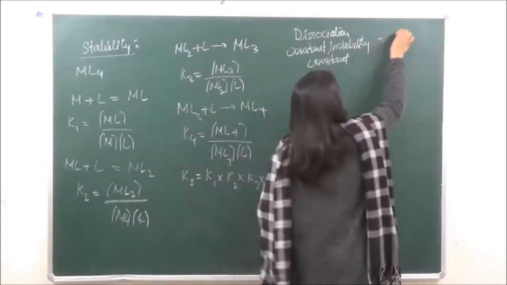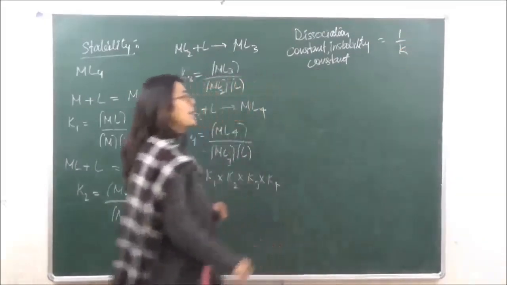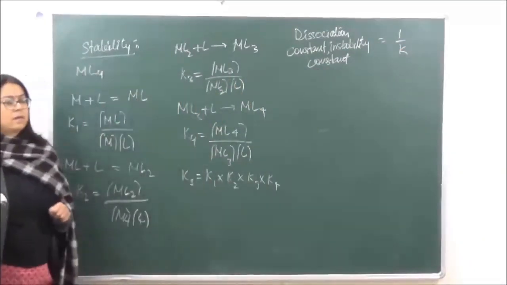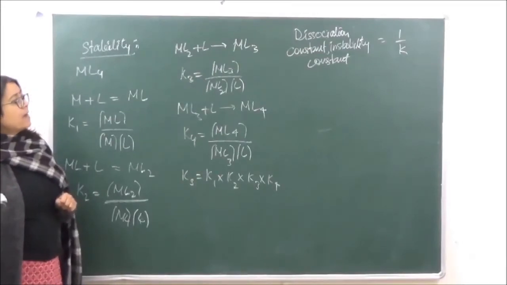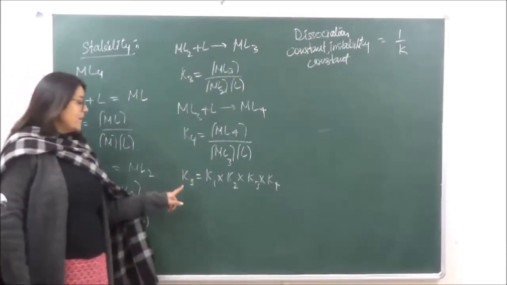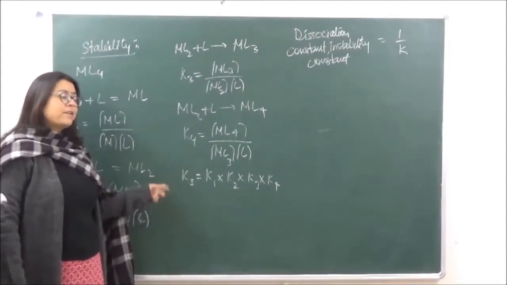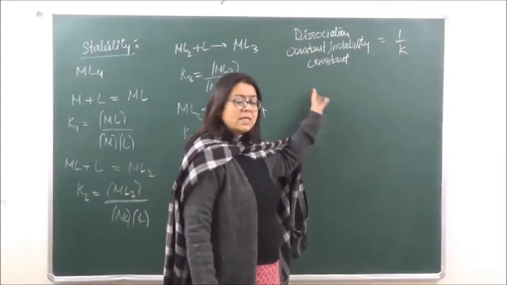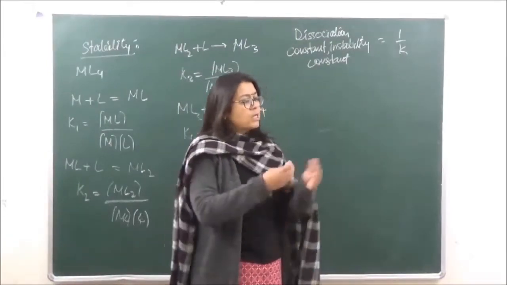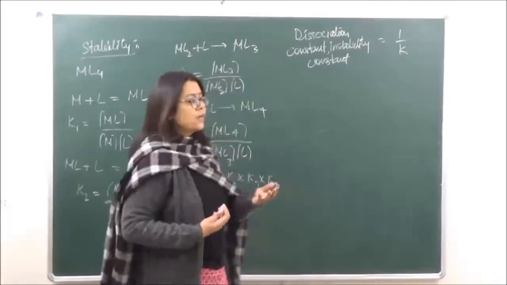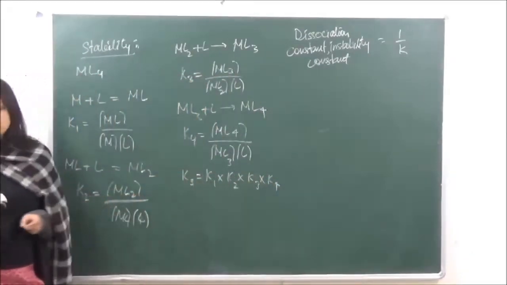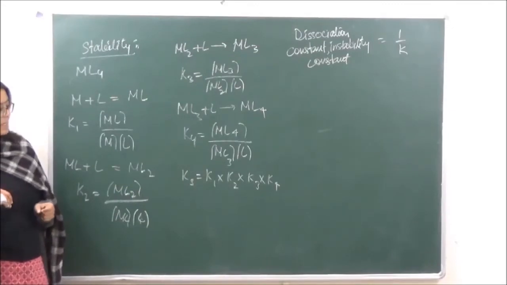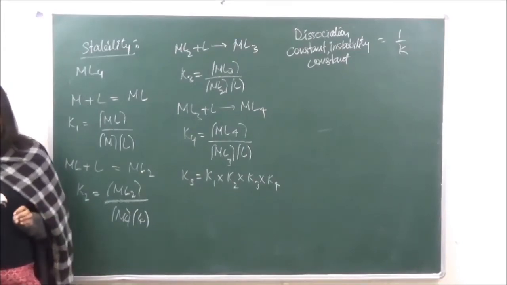The instability constant is given by 1 upon K. It means that the greater the value of the stability constant, the greater the stability, but the greater the value of the dissociation constant, the lesser the stability, because they are reciprocal terms of each other.